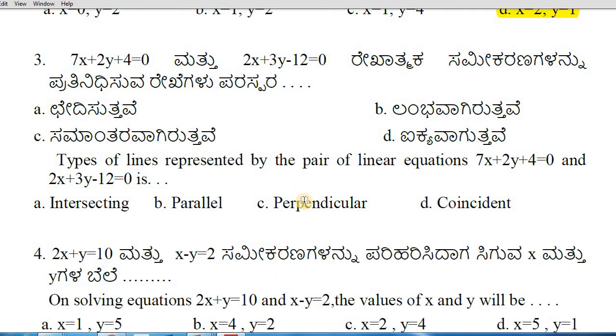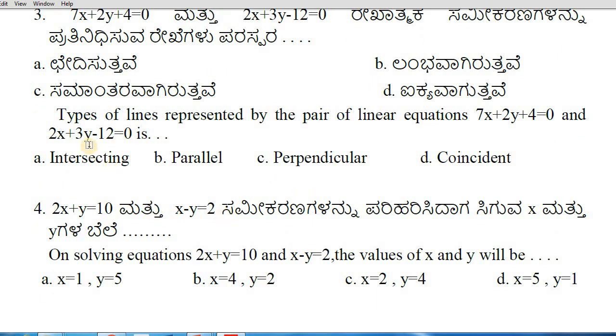Question number 3. Type of lines represented by the pair of linear equations 7x plus 2y plus 4 equals 0 and 2x plus 3y minus 12 equals 0 is.